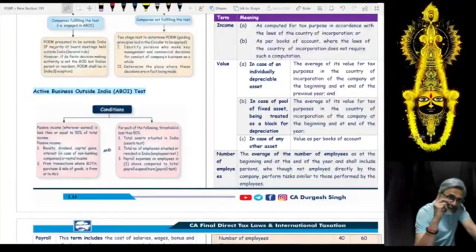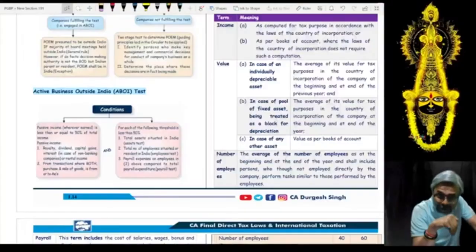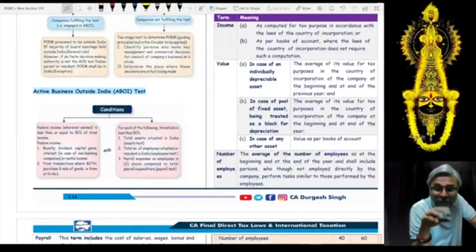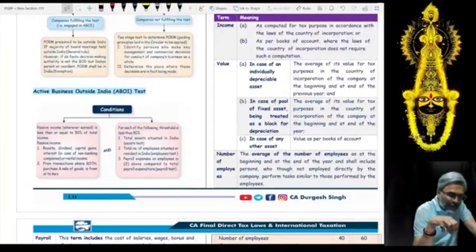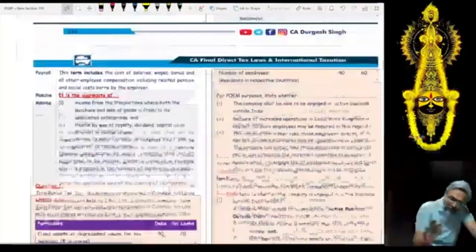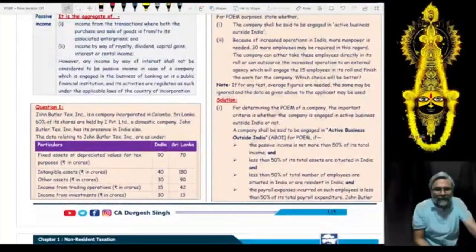Students, as far as a foreign company is concerned, please pay attention to this one first. Earlier, when this foreign company residential status was introduced way back in 2018, at that point of time we were having an independent question on whatever you have done in the modules.